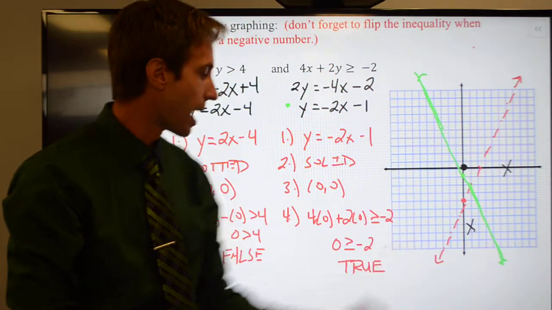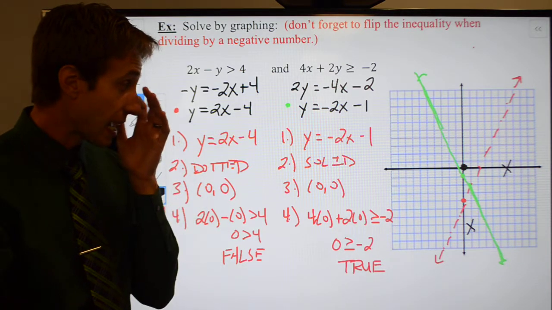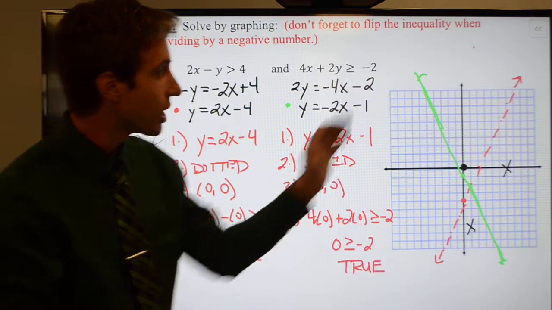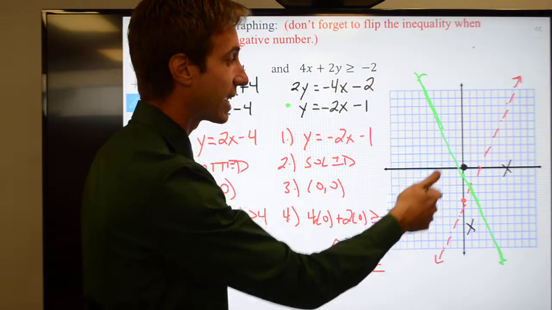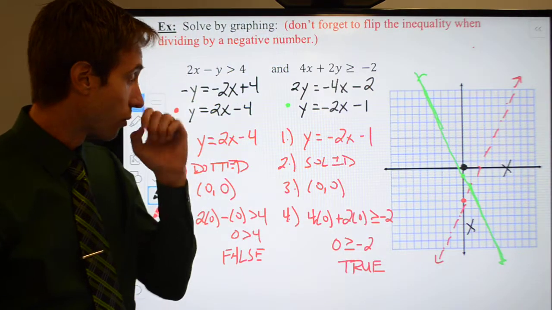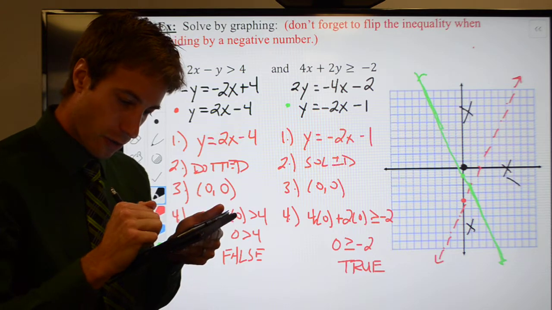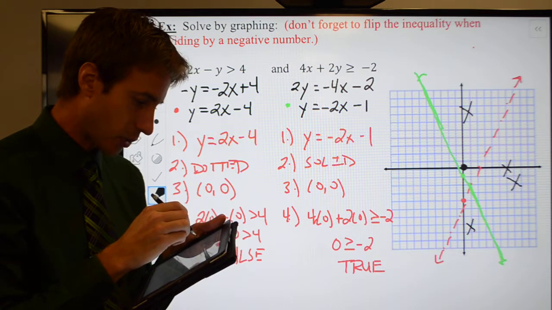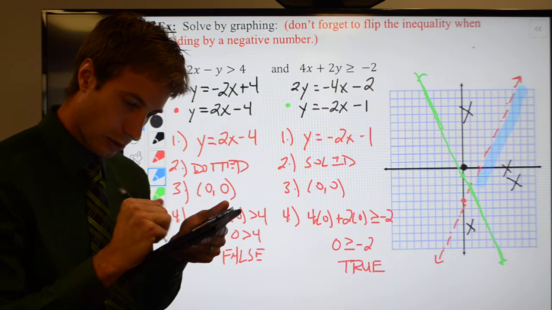The green line, my test point gave me a true statement, which means that I need to shade everybody on the, let's see, my test point is to the right-hand side, so I need to shade everybody on the right-hand side. That's going to be everybody over here and over here. So it looks like what's going to happen is this is going to be my solution region.